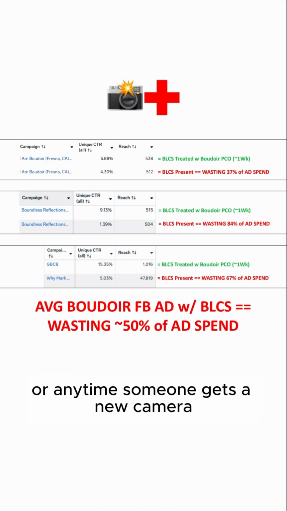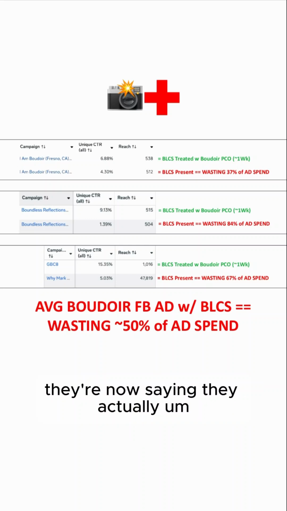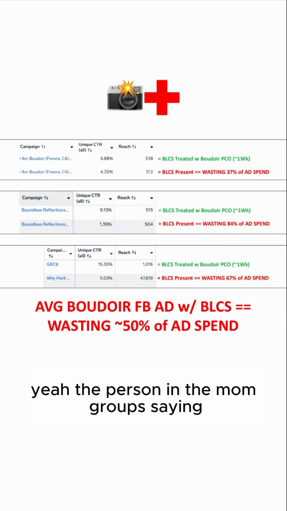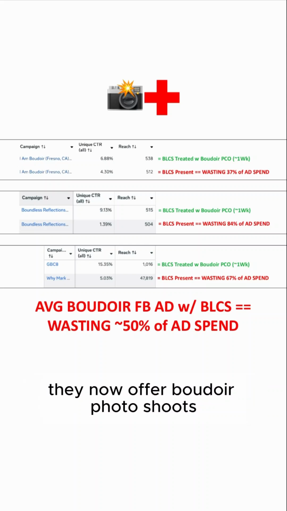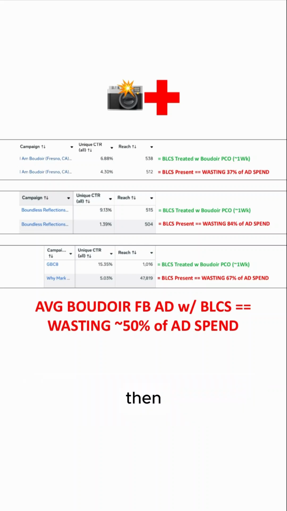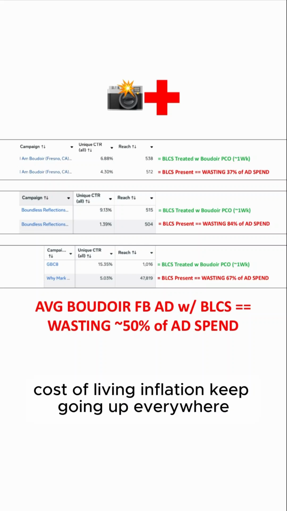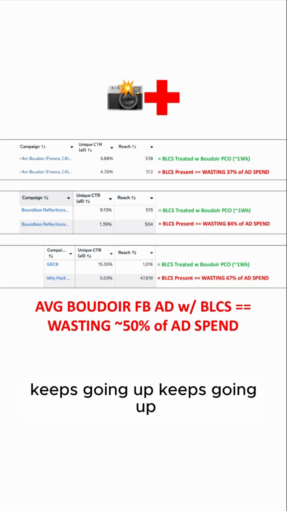Or anytime someone gets a new camera, they're posting in the mom groups saying they now offer Boudoir photo shoots. So you're seeing that, and you're also seeing cost of living inflation keep going up everywhere, keeps going up.